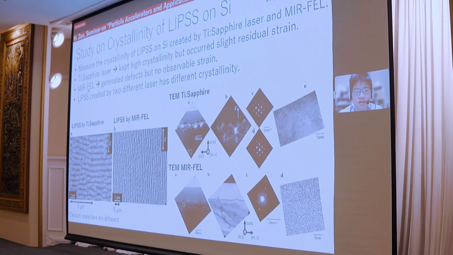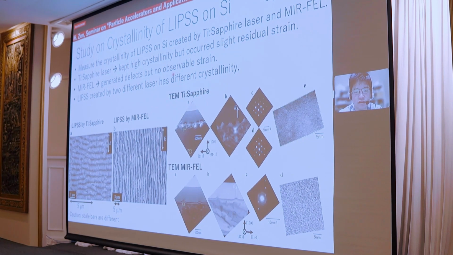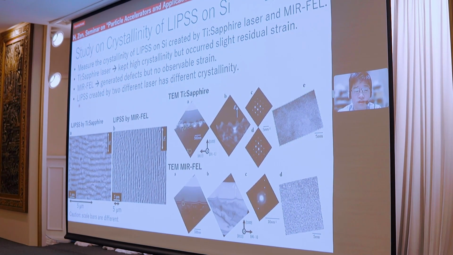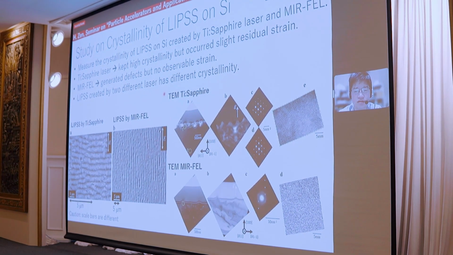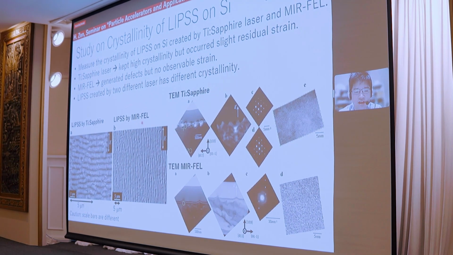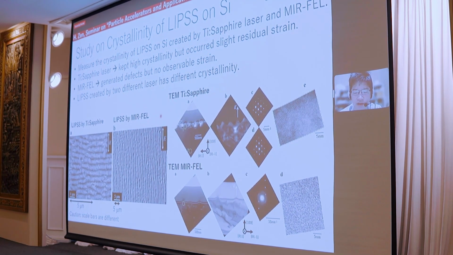And the MIR-FEL case generates defects, but strain is not observed. So they concluded that the LIPSS created by the two different lasers have different crystallinity, and this could be related to the band gap and the photon energy of the titanium sapphire laser and the mid-infrared free-electron laser.